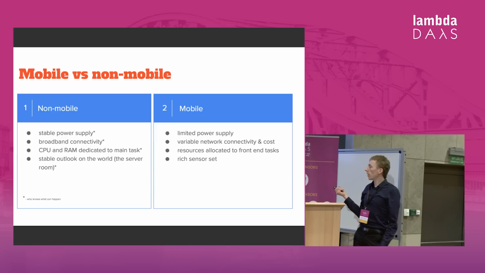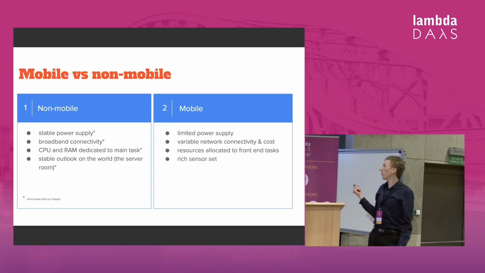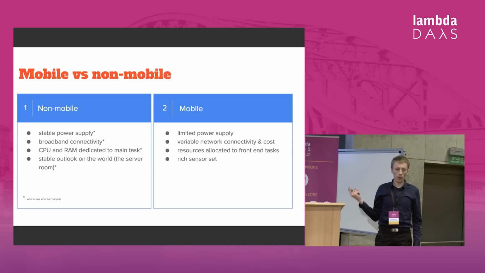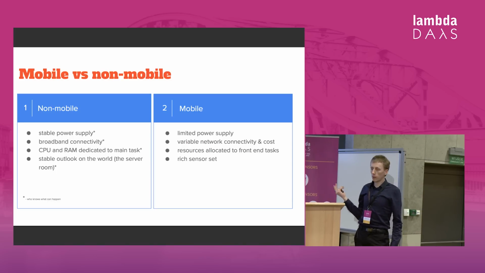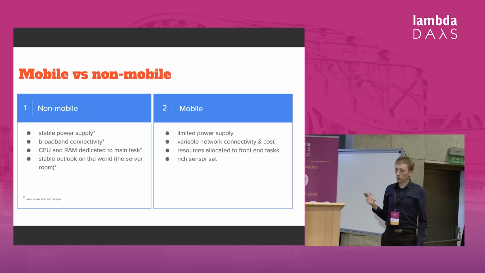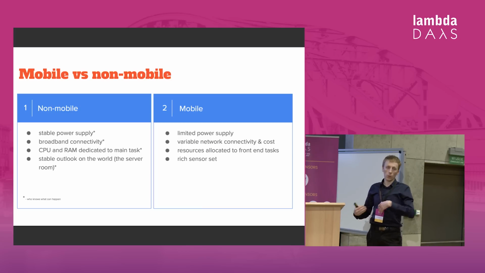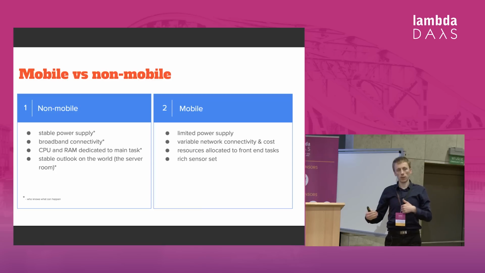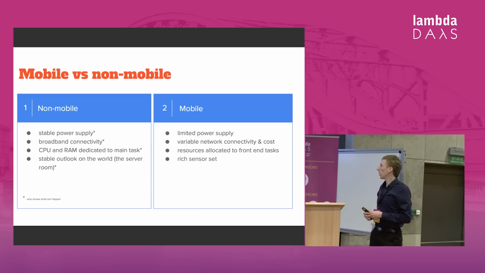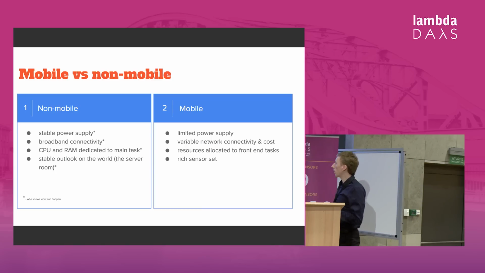But for the mobile, it's very apparent that we have a limited power source that changes. Our network connectivity changes. Our resources are often allocated to the front-running tasks, not to the back-end tasks. And if you would like to use mobile devices as a service execution unit, it can have some impact on that. And then the mobile can actually give you some feedback on its context.